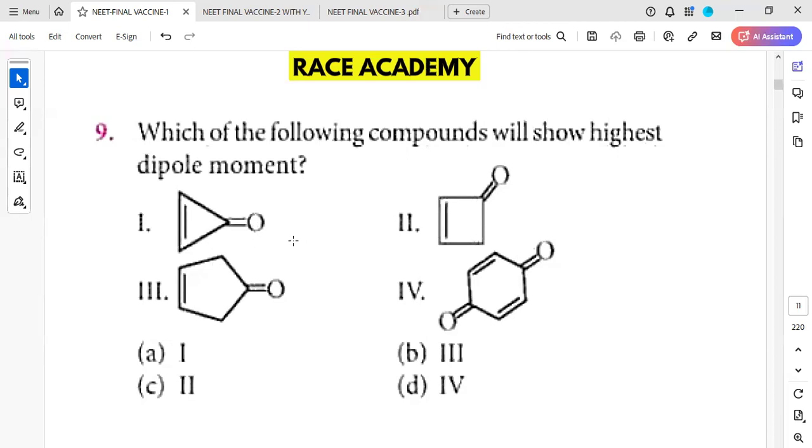Now you observe in these 4 that one thing is very clear. The highest dipole moment is shown when there is the highest bond strain, which is there in the first one. Because of that we can understand that the dipole moment is more for the first case.